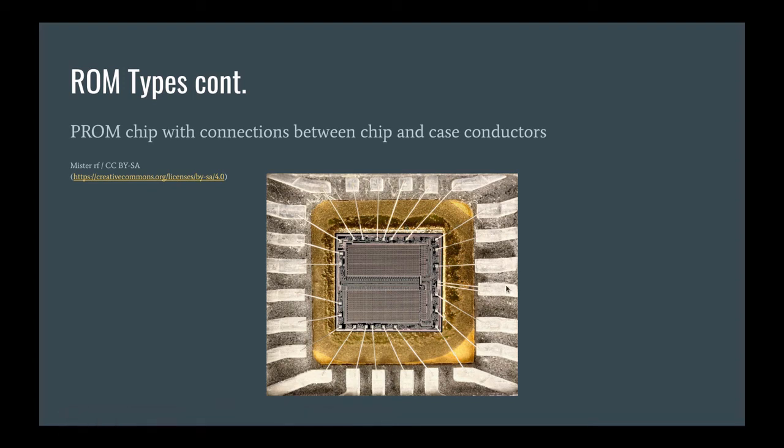The white bars that you see on the edges are the actual metal traces that go out to the ceramic casing of the chip holder, and that would go into the pins that are put into the motherboard. Then you have the metal connectors between the ROM silicon and these conductors on the ceramic case, and that's how the chip is able to communicate with the outside world.